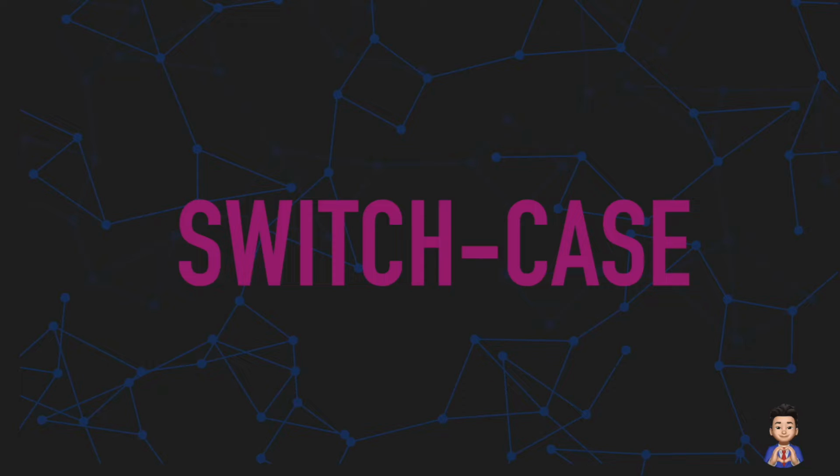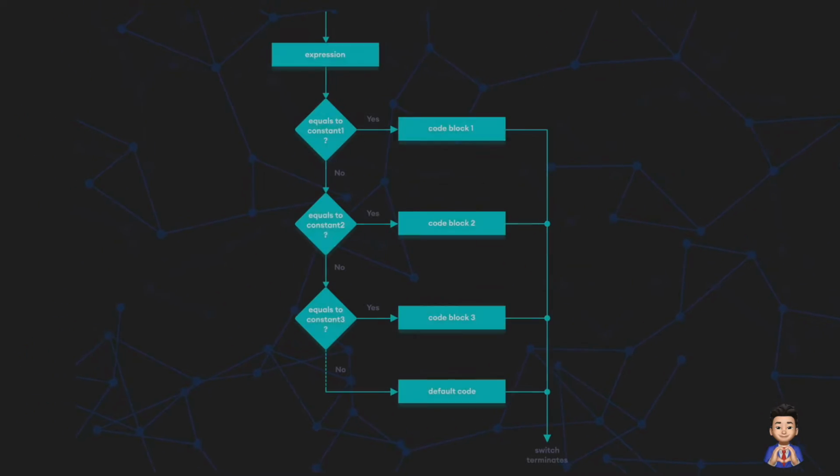Now let's see what a switch case statement is. Basically this is the flow chart of a switch case statement. At the top of the flow chart, there is something called an expression. Basically the expression is nothing but the value you are passing. In a switch case, there are multiple cases of different values.